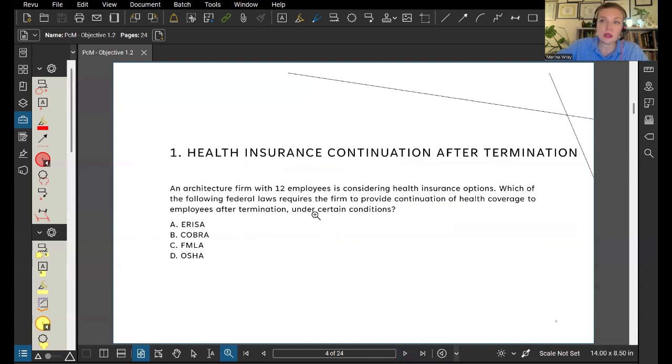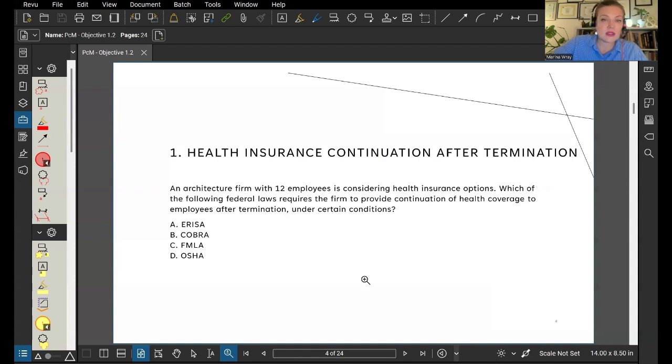So let's talk a little bit about insurance, and that's our Question 1. I will be reading the question together with the potential answers, and then I will review the correct answer, and we will see why, because I have provided a short explanation to the answer and to the question. So Question 1 is about health insurance continuation after termination.